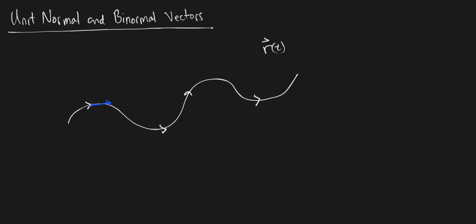So now T prime is not necessarily, it could be, but it doesn't have to be, a unit vector. So we normalize, and define.